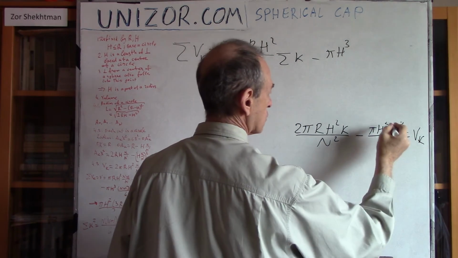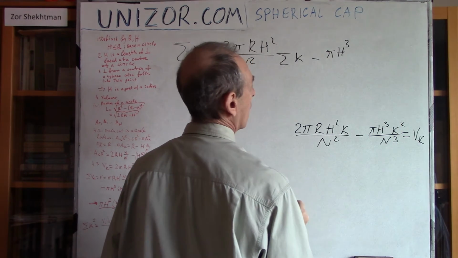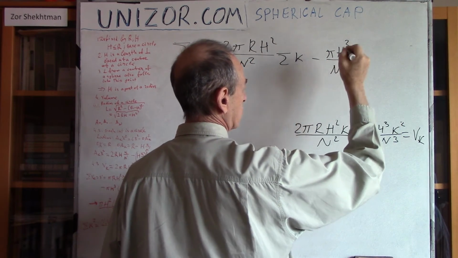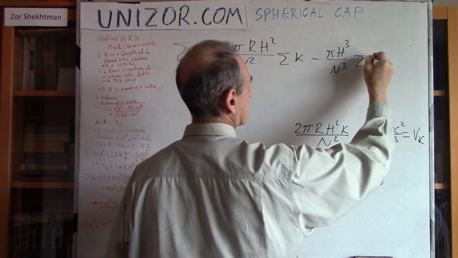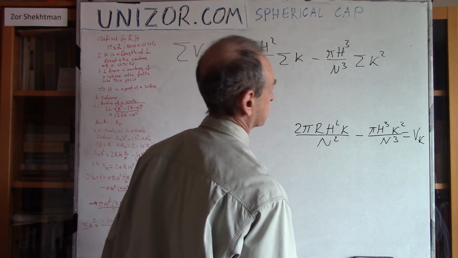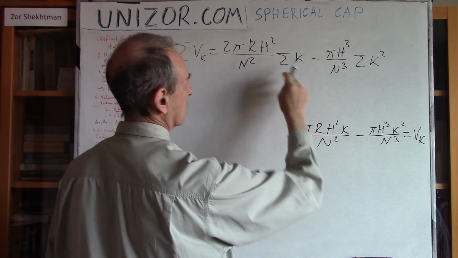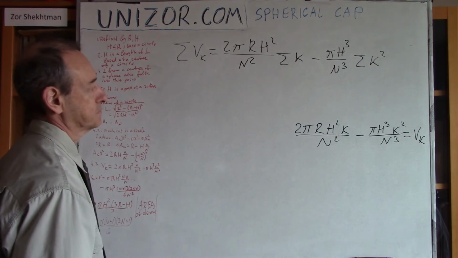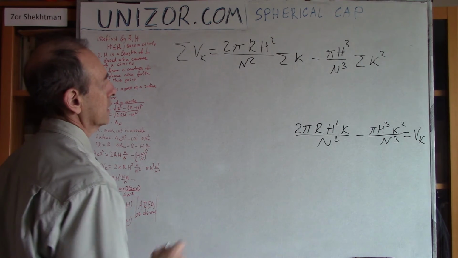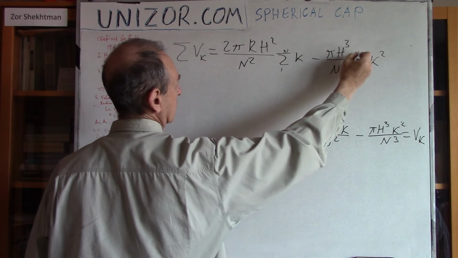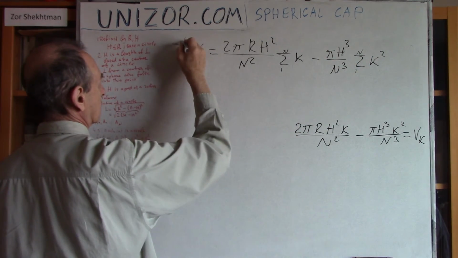Yes, h cube, divided by n cube sigma k square. Right? Because these are constants, they're not dependent on k. That's why I put sigma only here. And summation is obviously from 1 to n, from 1 to n and from 1 to n.